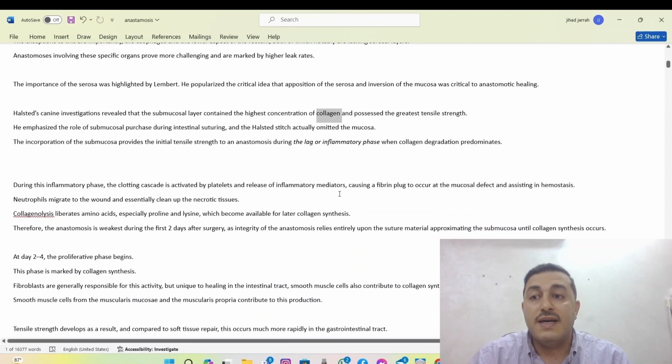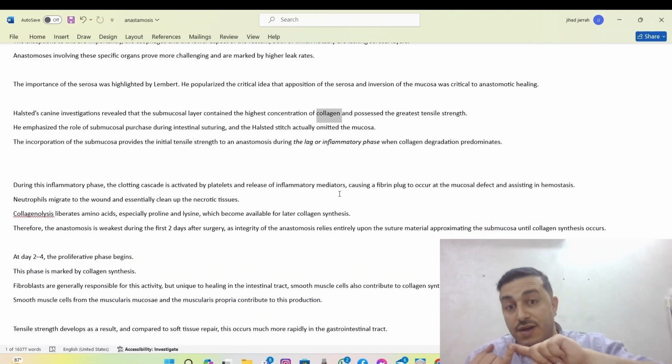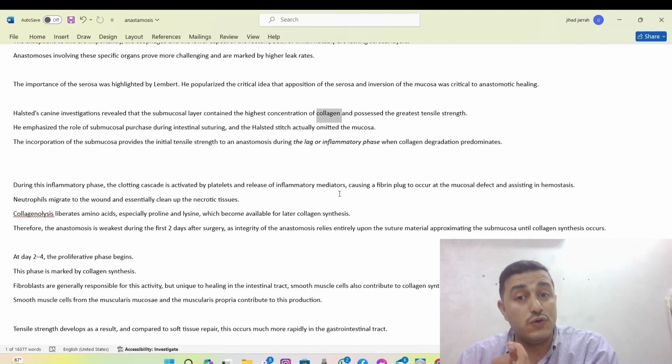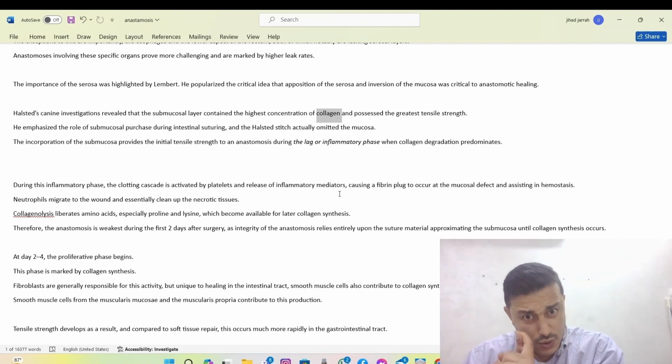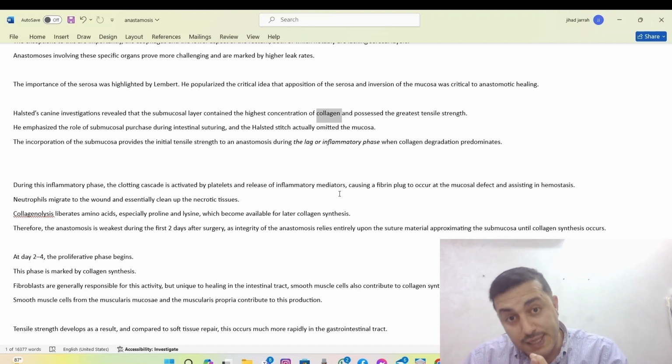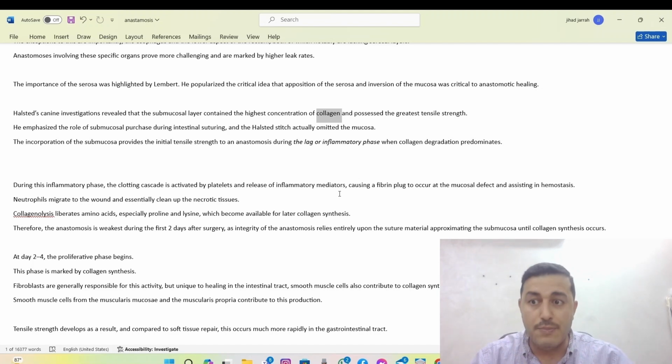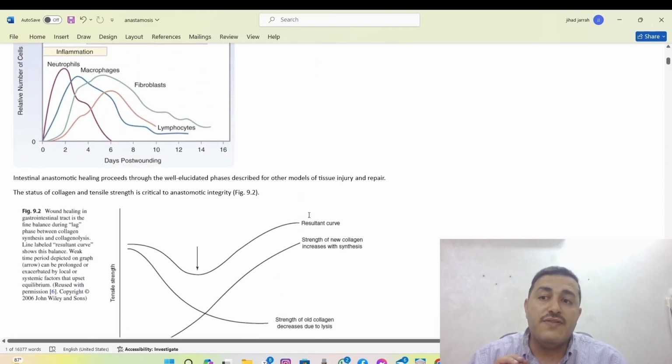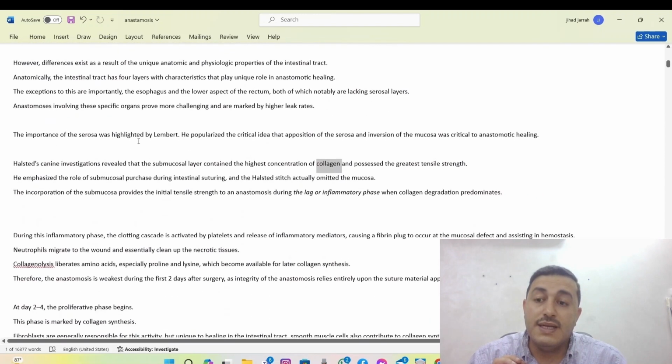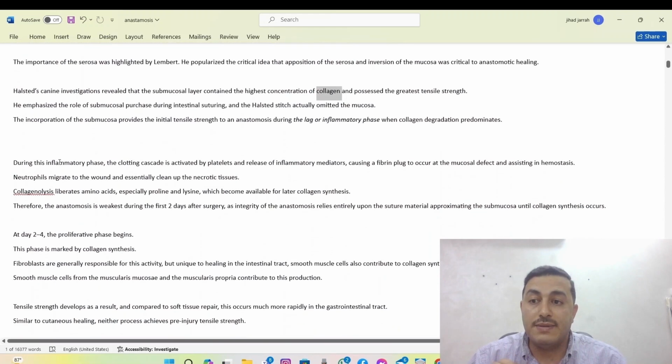We will highlight it again when we talk about the suturing technique. But this is one of the important points. We have the serosa, it's important. We have the submucosa, which has the greatest concentration of collagen and should be approximated. And again, during the inflammatory phase in the bowel, let's see what happens.